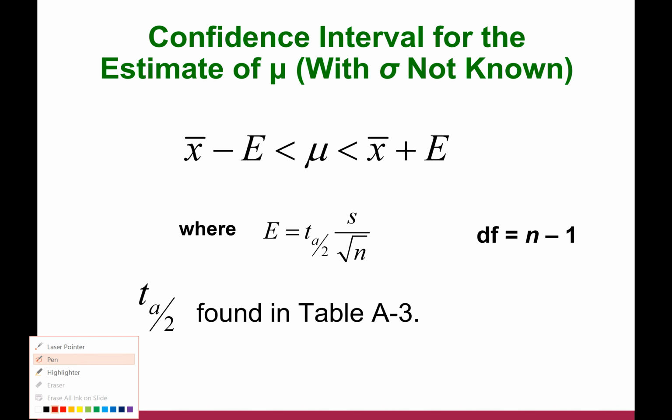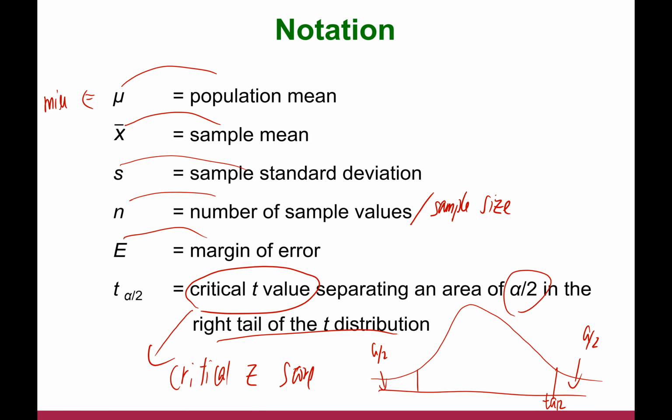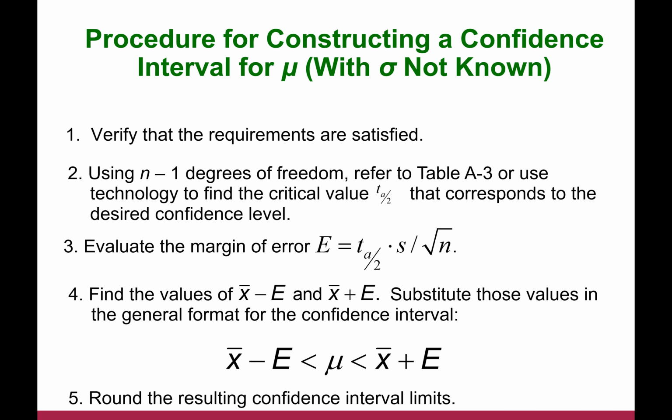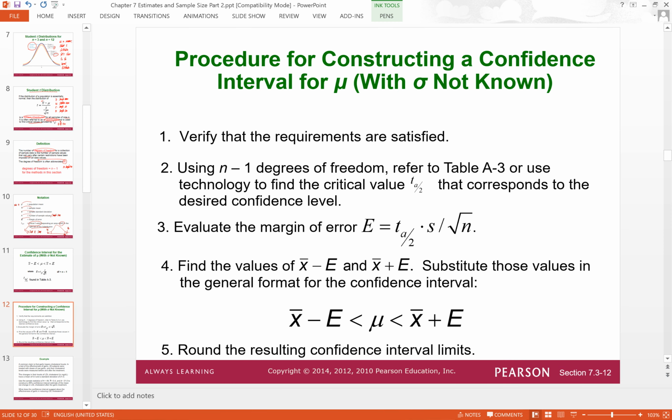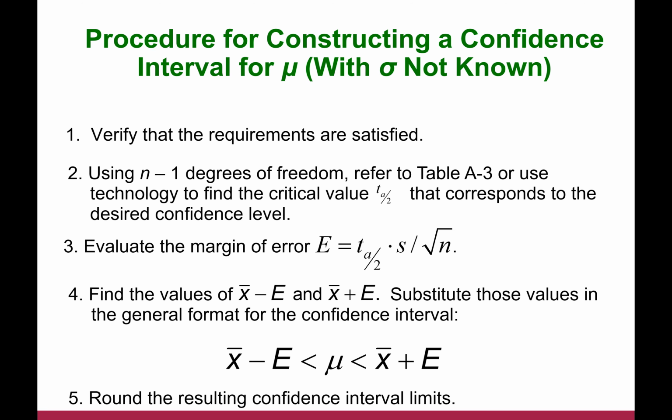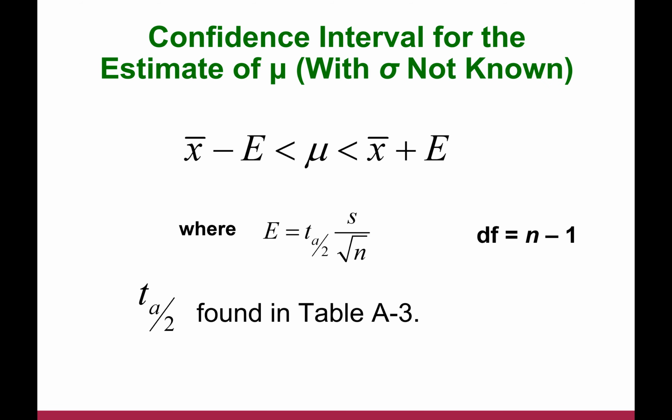And this is the procedure to construct the confidence interval to estimate the population mean mu with sigma unknown.